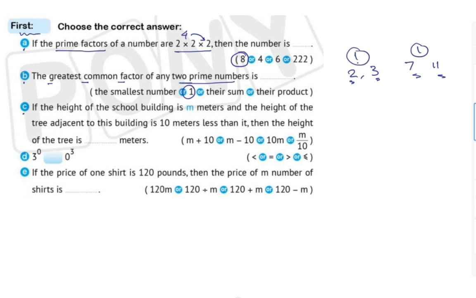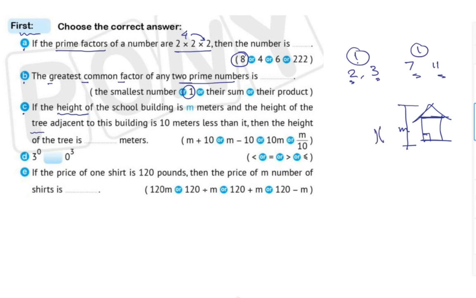Point C, if the height of the school building is m meters. The height of a school building. You have some school building, okay? Its height is m meters. And the height of the tree adjacent to this building is 10 meters.